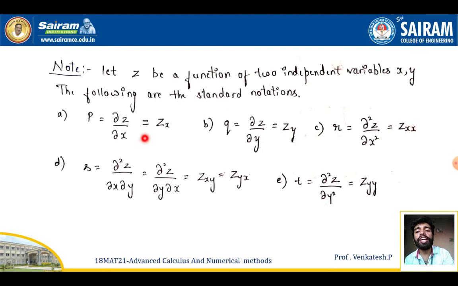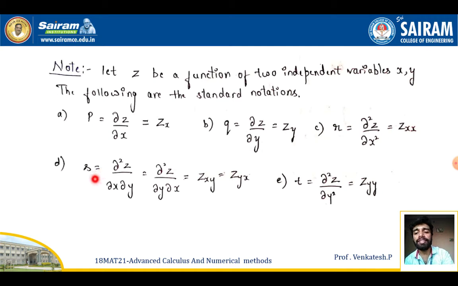First one is, we can replace ∂z/∂x, in the sense differentiating z with respect to x, by p, small p, or we can write zx. Similarly, ∂z/∂y will be equal to q or zy, and ∂²z/∂x², differentiating ∂z/∂x with respect to x again, can be written as r or z double x.